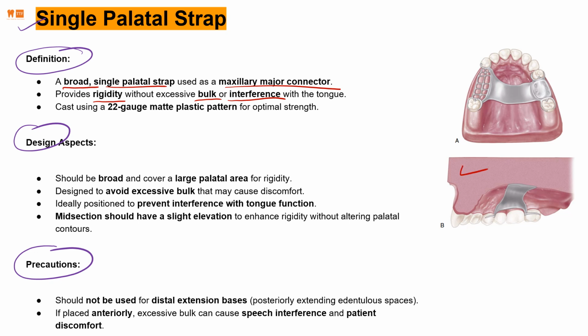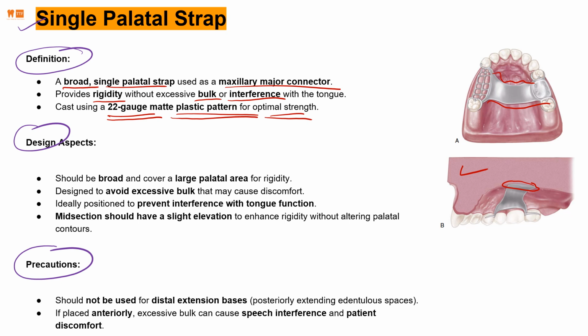Look how flat this is. Look how skinny this is, right? 22 gauge matte plastic pattern for optimal strength. It basically just gives, by plastic, it's not really material plastic. What it's trying to say is that it's not a plastic. It's plastic where it kind of adapts to the tissues, that type of plastic.